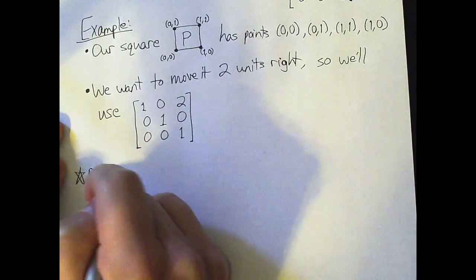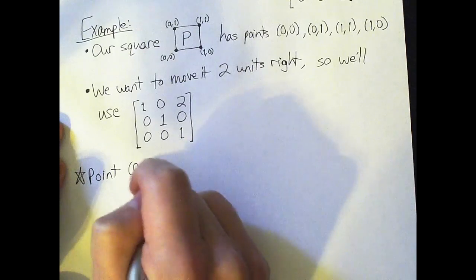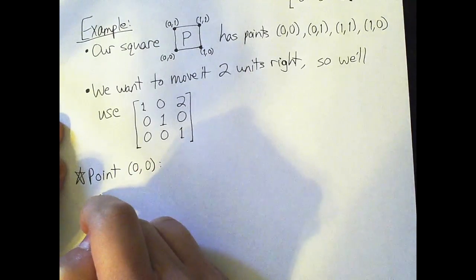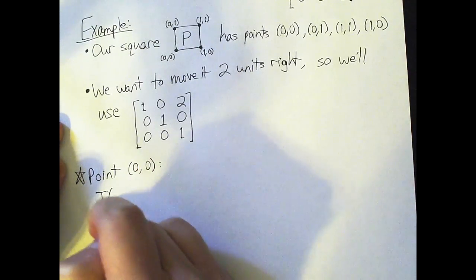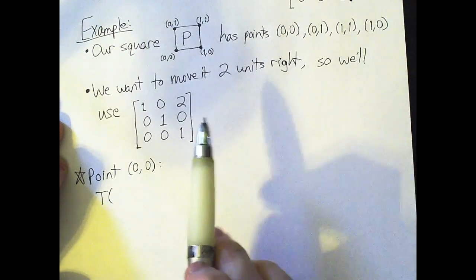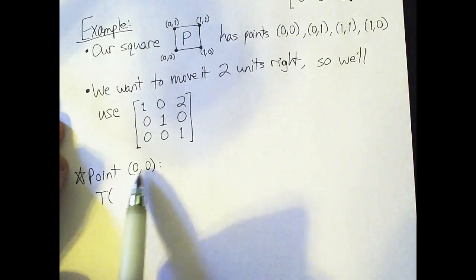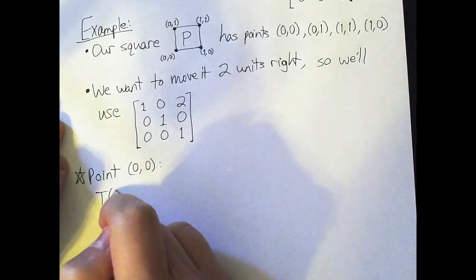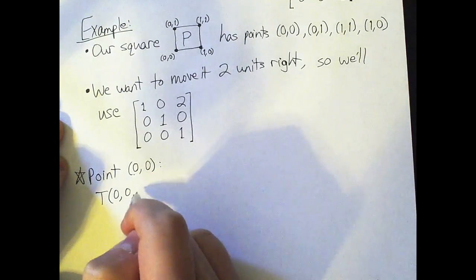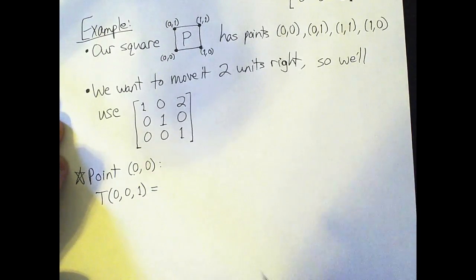So for the point 0, 0, the lower left corner of our square, the transformation should be applied. We said that the trick is you change x comma y to x comma y comma 1. That's what the trick said.